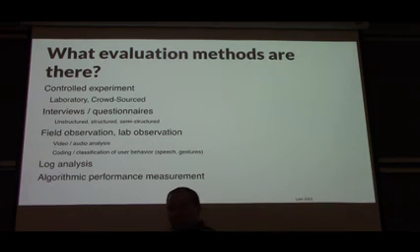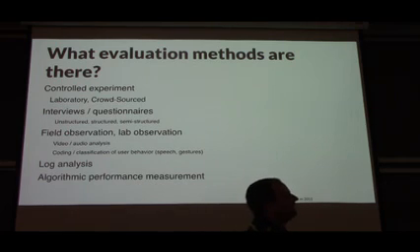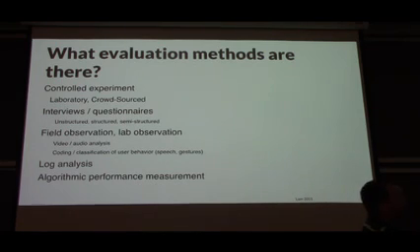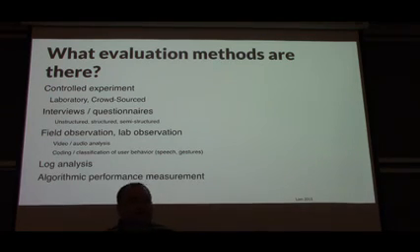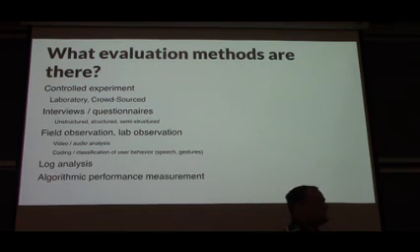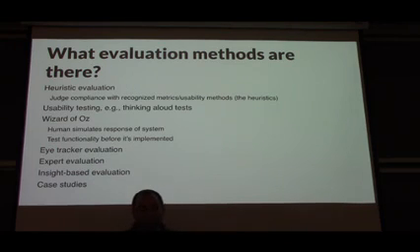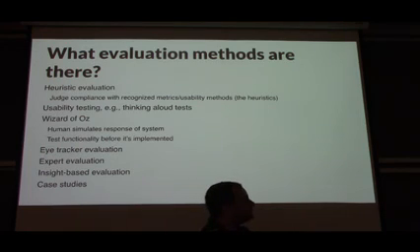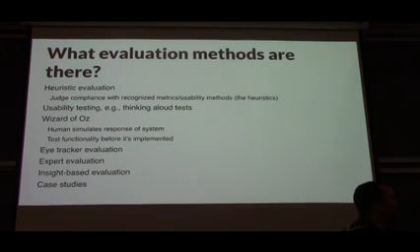You can do video and audio analysis, and then you come up with a coding scheme, and you classify user behavior or what people said or the gestures that they did and so on. You can instrument your system to allow log analysis. You can measure performance if that is possible. You can do things like heuristic evaluation in cases where you have something like a recognized usability metric.